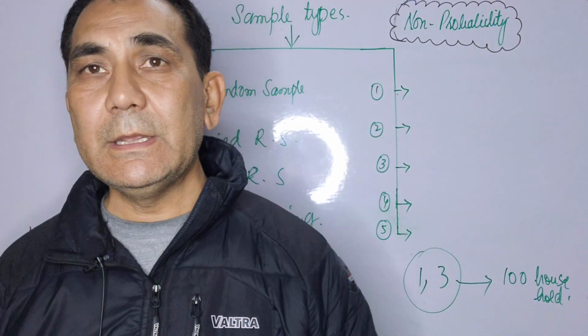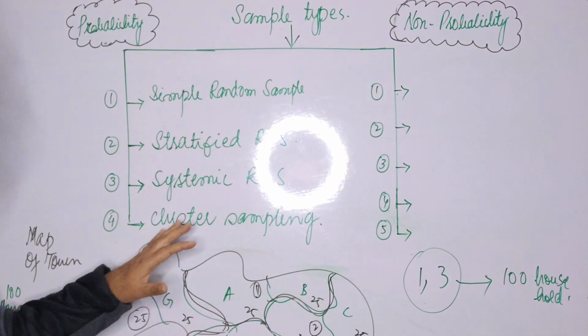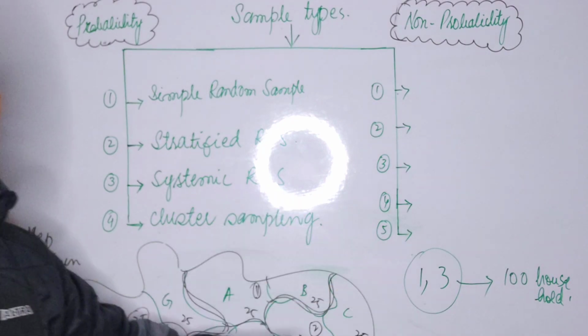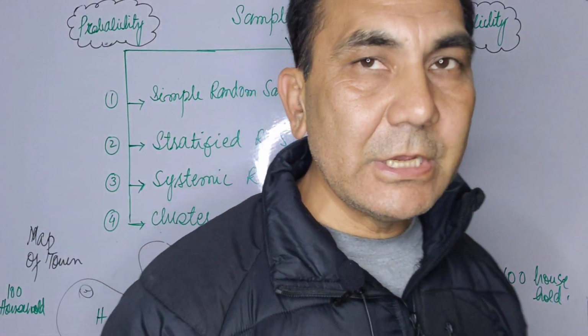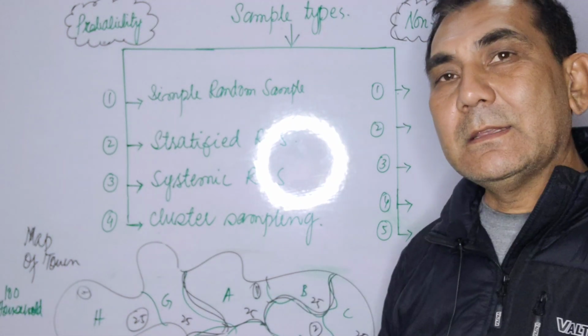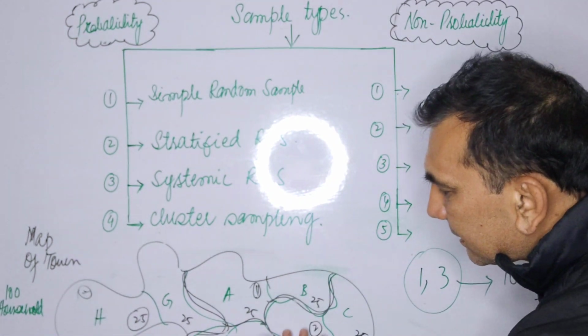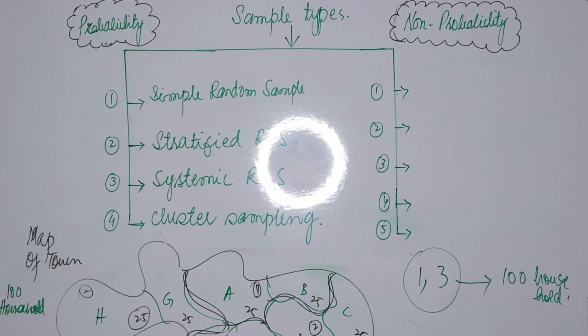In cluster sampling, you definitely go for multi-stage sampling. In the first stage you make the clusters, and in the second stage you select randomly. Now you have randomly selected 2 clusters, which consist of 100 households.